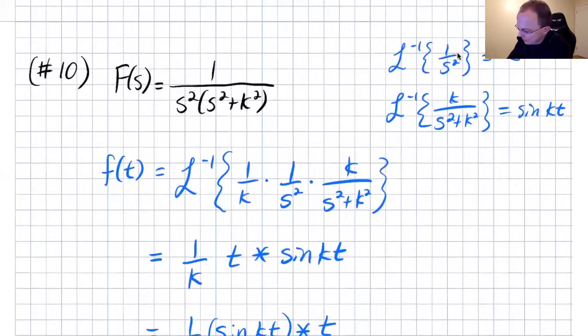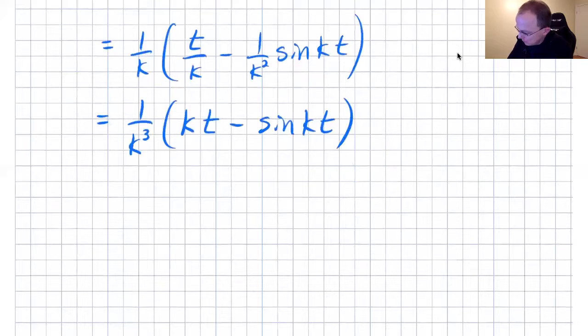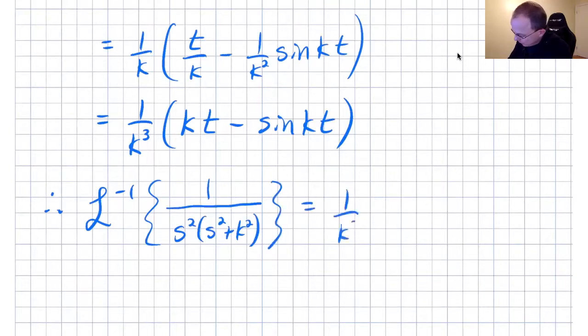All right, so let's summarize. Therefore, the inverse Laplace transform of 1 over s squared times s squared plus k squared is equal to 1 over k cubed times k t minus sine k t.